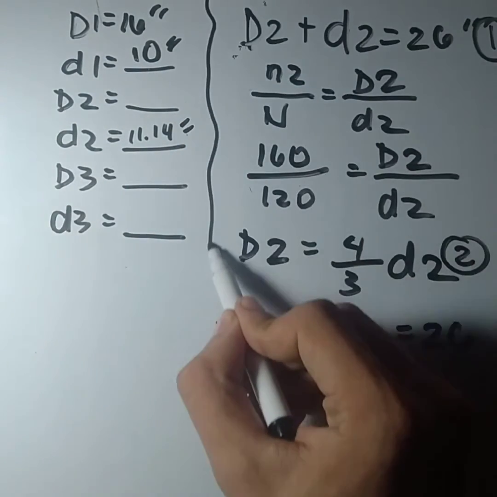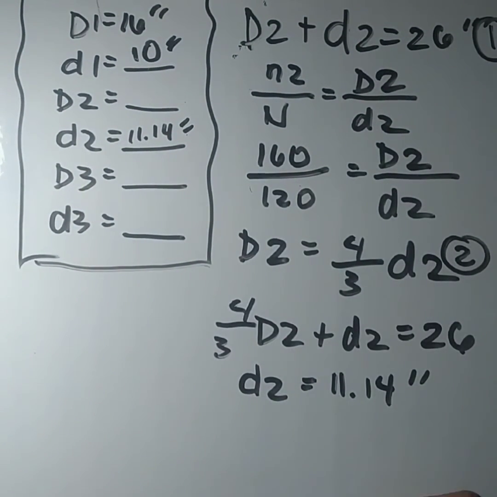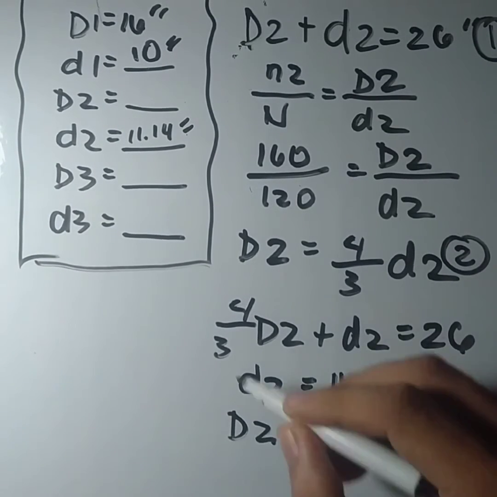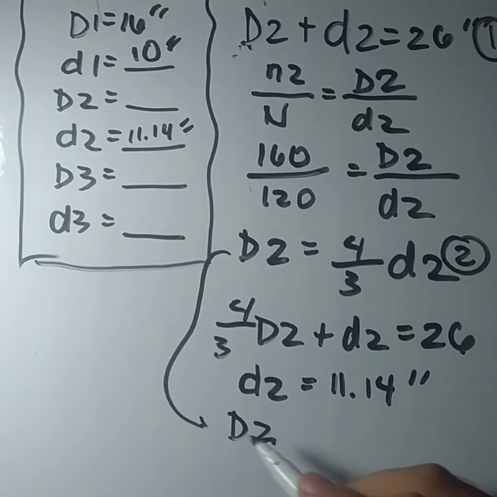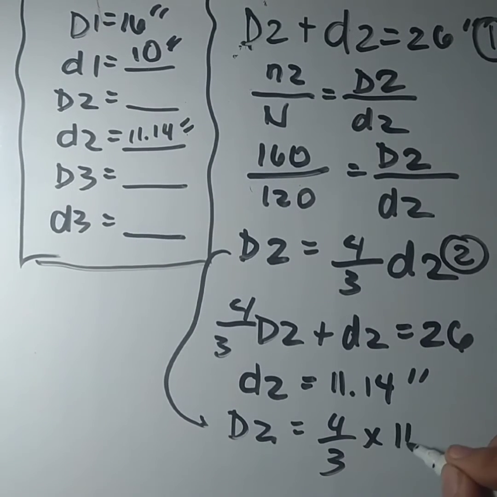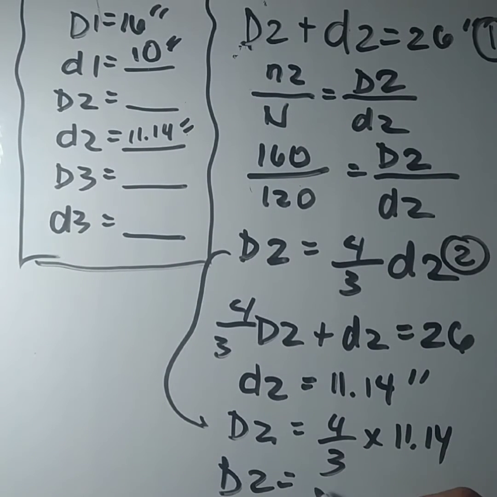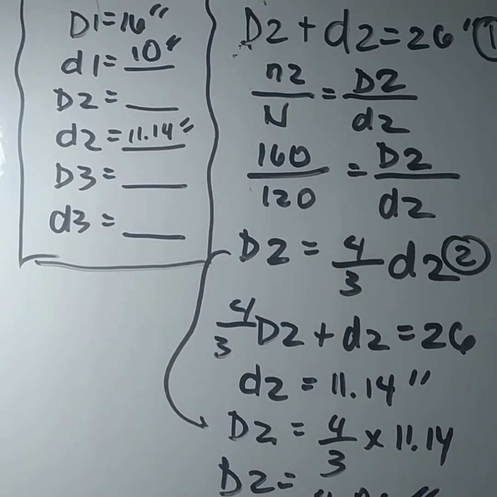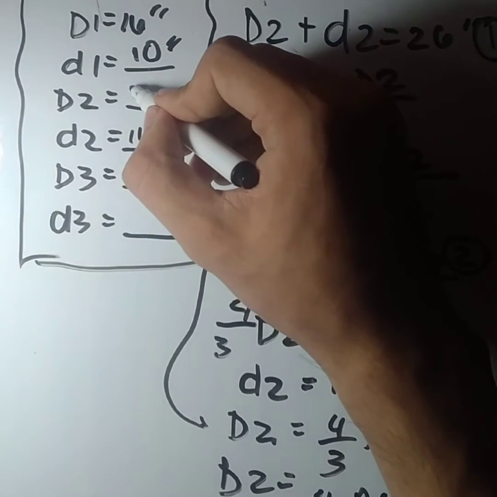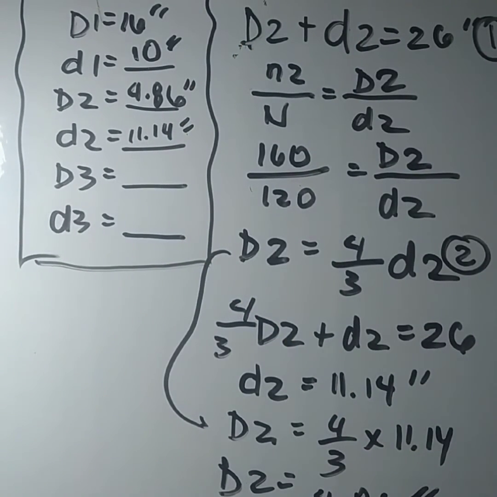So, gilid natin to. So, para makuha ang ating diameter 2 ng driver shaft, from this equation, we can get the value of D2 of the driver shaft. We can get 4.86 inches. So, meron na tayong value, 4.86 inches. Okay?